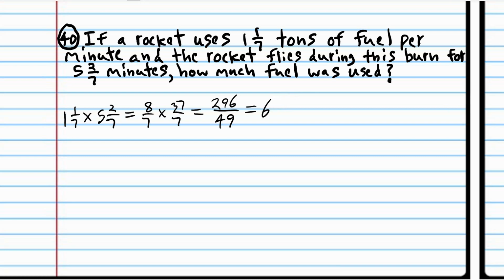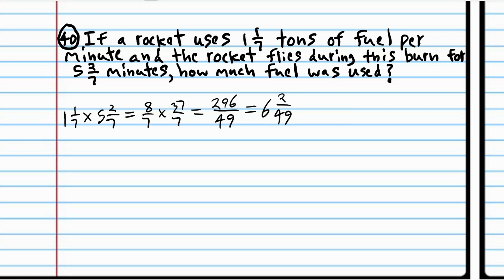I'm just double checking my work here. 6 times 49 is 240 plus 54 is 294. 296 minus 294 is 2, and just rewrite the denominator. So there you go. That was a hard one. These are big numbers to have to deal with. Let me just double check that work. Yep, pretty sure that's correct.